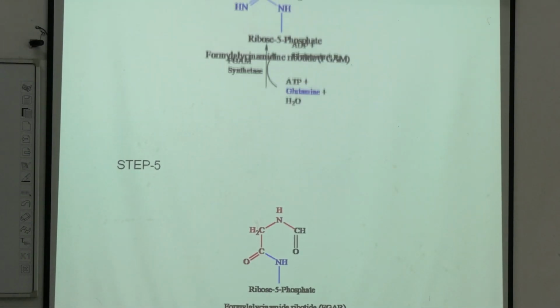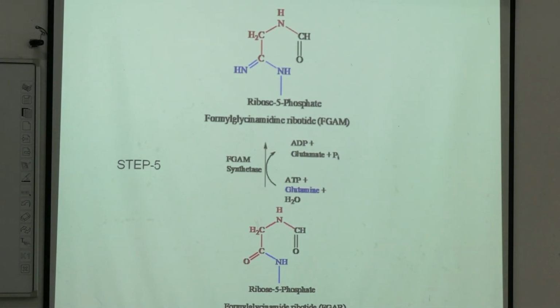Long way to go, only step 4, 5. Fine. The next step, see, this is an example, as I told, in the first addition of glutamine amine, there was no ATP, but here ATP is required. Why? Because the starting material has no high energy bond. So ATP plus glutamine plus water forms glutamate plus ADP plus Pi, and it forms formyl.